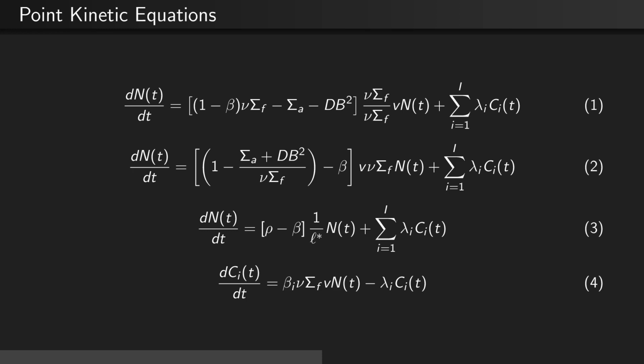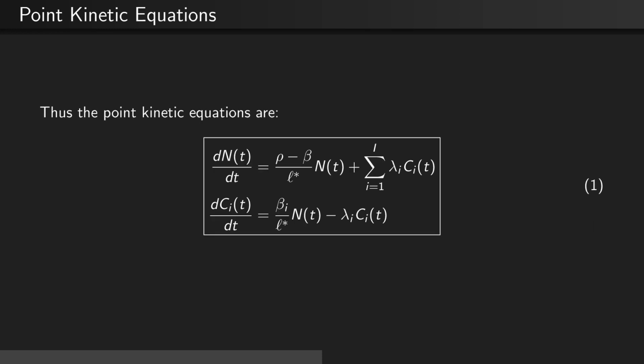Furthermore, we can substitute phi equals V times the neutron number density back into our concentration equations. Thus, the point kinetic equations are given as the time derivative of the neutron number density is equal to rho minus the delayed neutron fraction divided by the mean neutron generation time times the neutron number density, plus the delayed neutron sources lambda i C i of t.